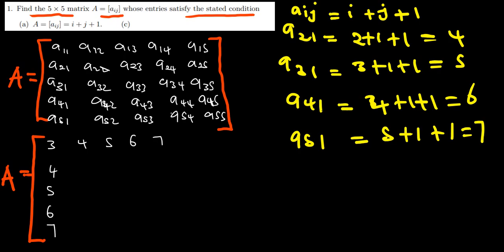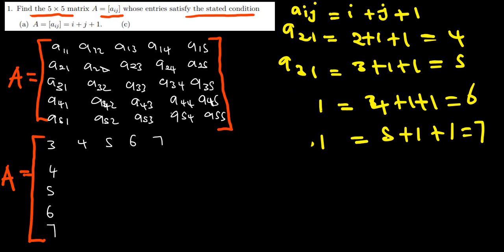These numbers will just be increasing. So this was 3, 4, 5, 6, 7, and the next row will be 4, 5, 6, 7, 8, just like that. We can work out row 2 and then fill in whatever remains.